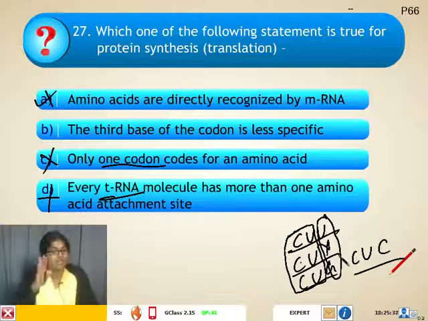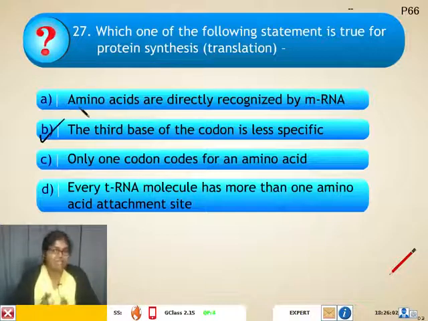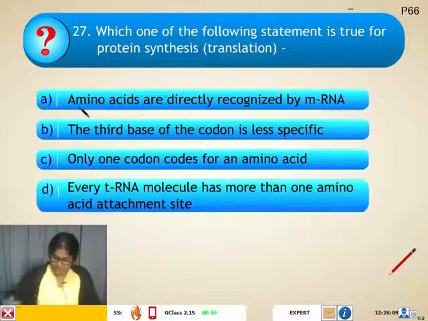So we can say that the third base of the codon is less specific. So because of this third member, we have more than one codon coding for an amino acid. Clear, students? So among all these statements, the one true for protein synthesis is that the third base of the codon is less specific. Clear? Shall we move to the next question?